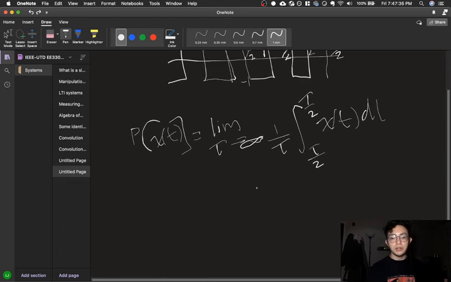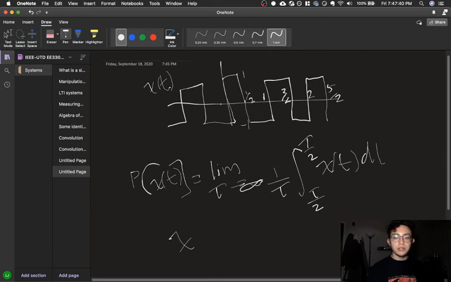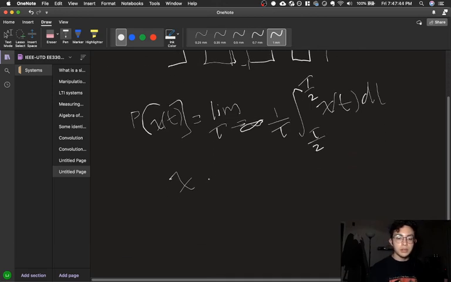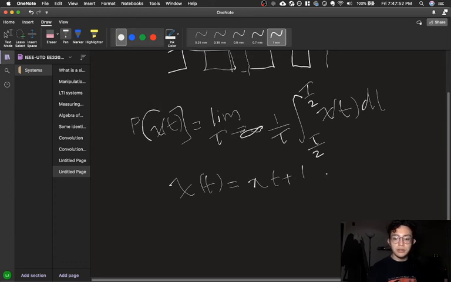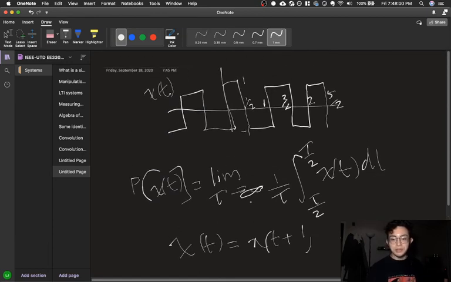We know this is periodic: x of t plus T is the same thing as x of t, if you shift it left or right by a period of 1. Big T is equal to 1.